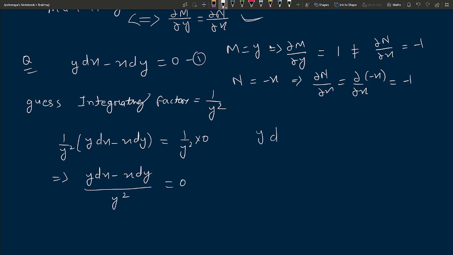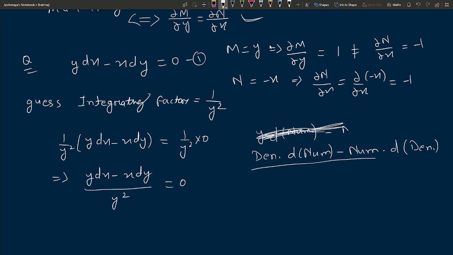Now, denominator into derivative of numerator minus numerator into derivative of denominator, divided by denominator square, is the rule for the differential of numerator by denominator.